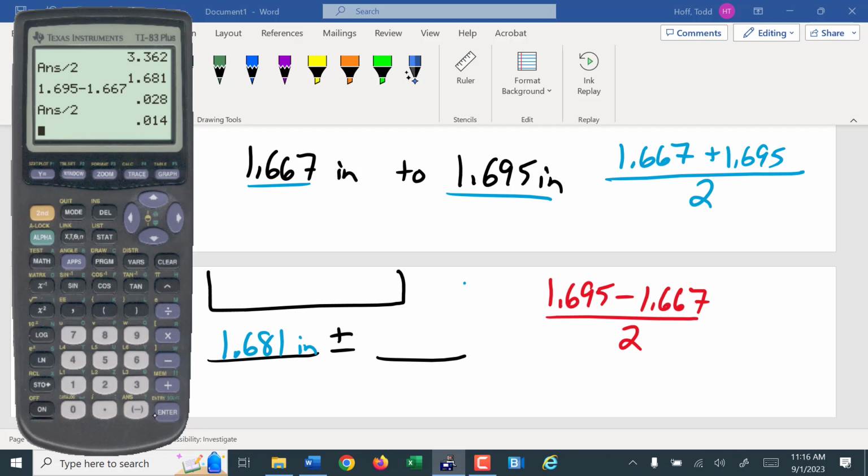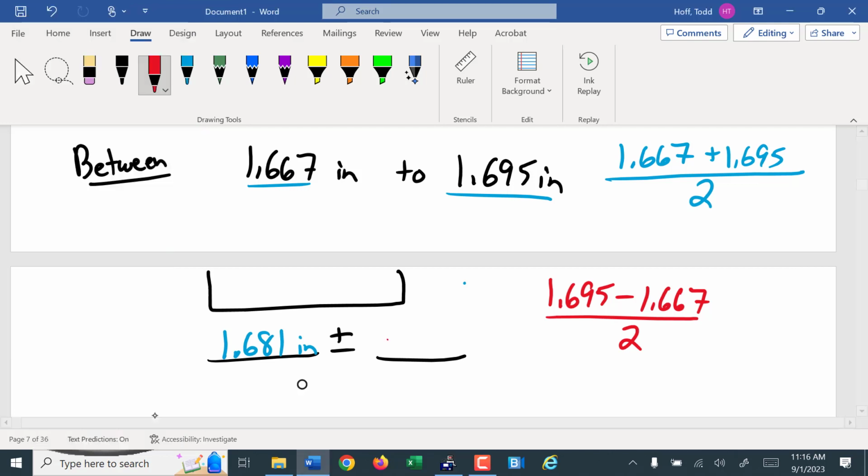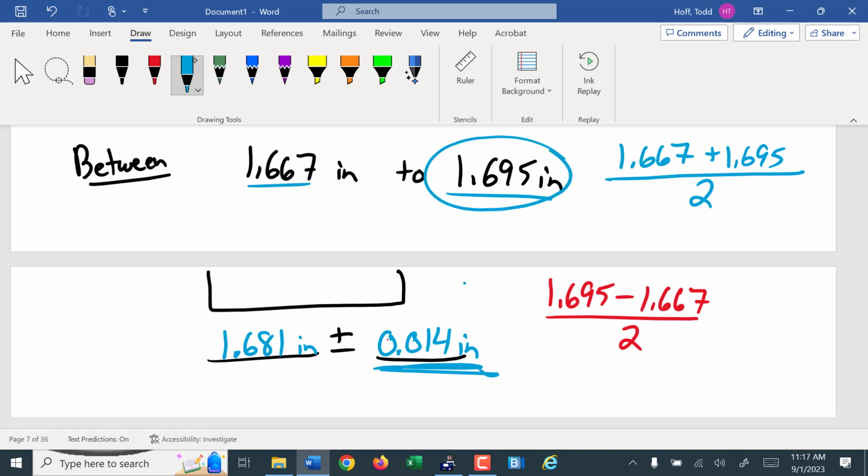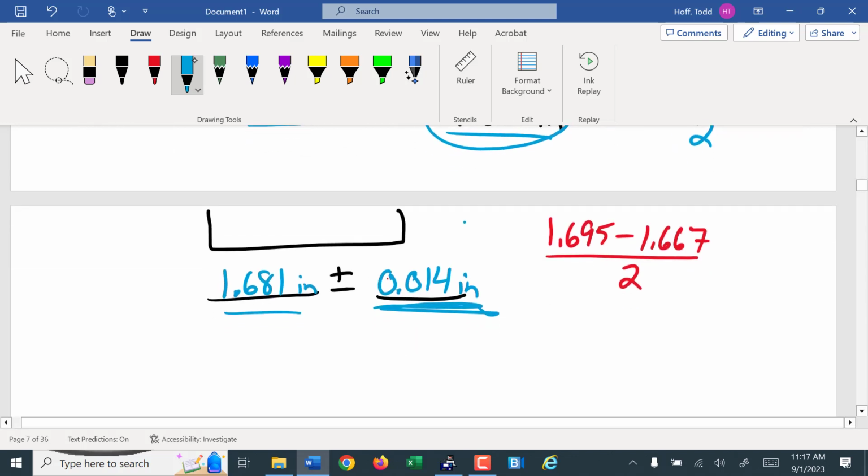This is saying that that's 0.014, so plus or minus 0.014 inches. Now, what you were saying, you could actually find this number first, and then go back and subtract it from the large value, which would have given you the 1.681. So there are a couple of different ways you could go about finding the desired value and allowance from this. Any questions?